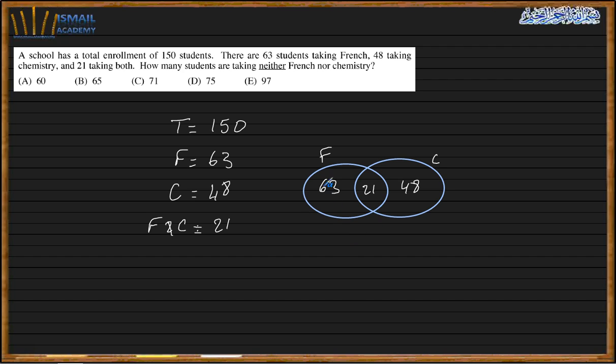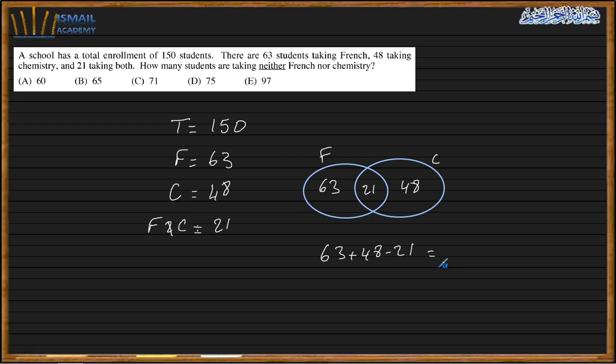I need to see how many students are taking either French or chemistry, which is 63 plus 48 minus 21, because if I add them together, I'm adding the 21 twice. Within chemistry we have 21 students, and within French we have 21 students that are taking both, so here I subtract 21.